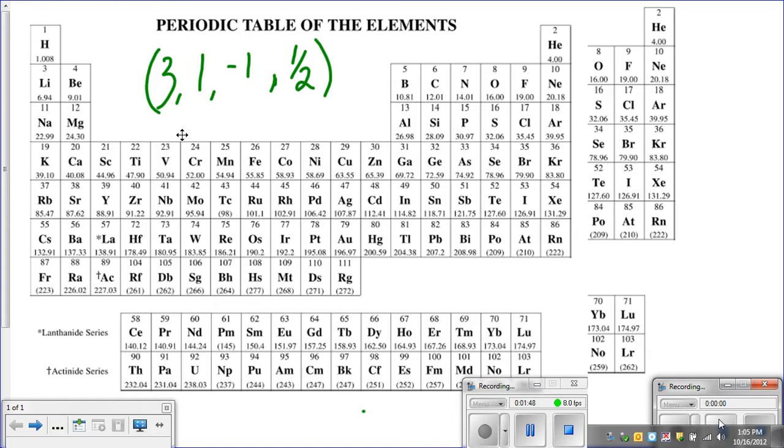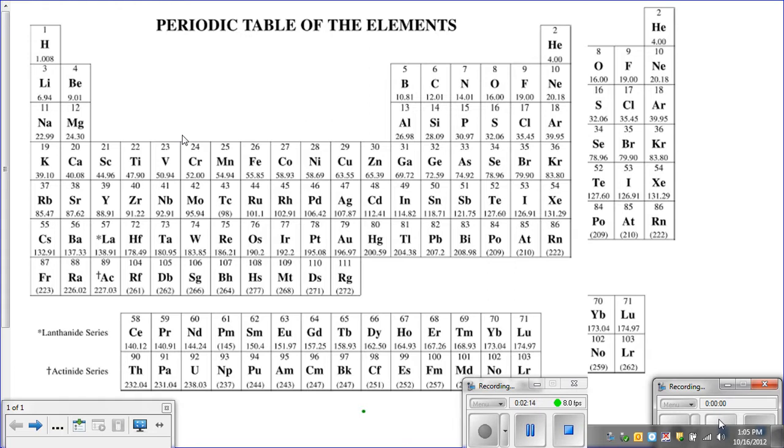We need to learn how to write the electron configuration, which tells us where an electron is, how far it is from the nucleus, what shape its probability distribution is, and gives us a general idea of the energy of that electron. So before you start writing electron configurations, you should number your periodic table.